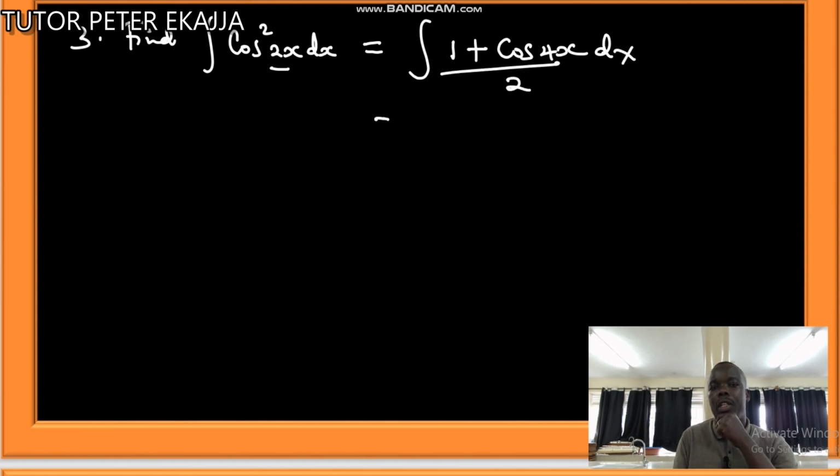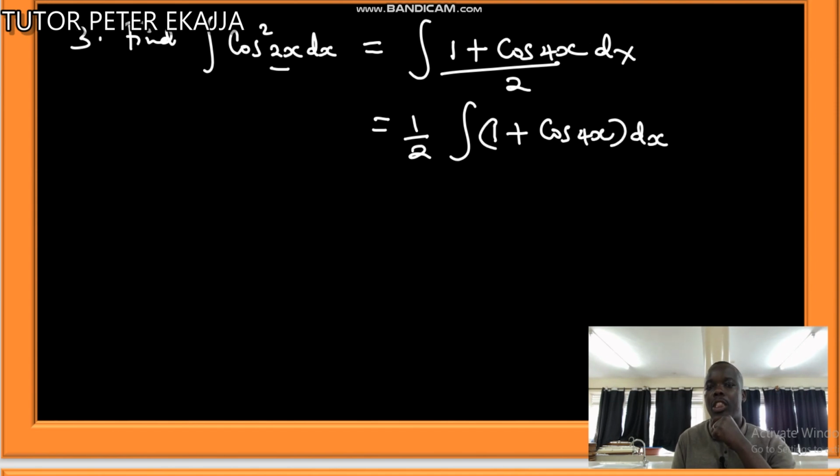At the end of the day, a half comes out. So we shall integrate 1 plus cos of 4x with respect to x. Please don't forget the respect of integration. So from here, we can definitely now say this is a half. Integrate 1 with respect to x, you get x. Integrate cos 4x with respect to x, you get sine 4x.